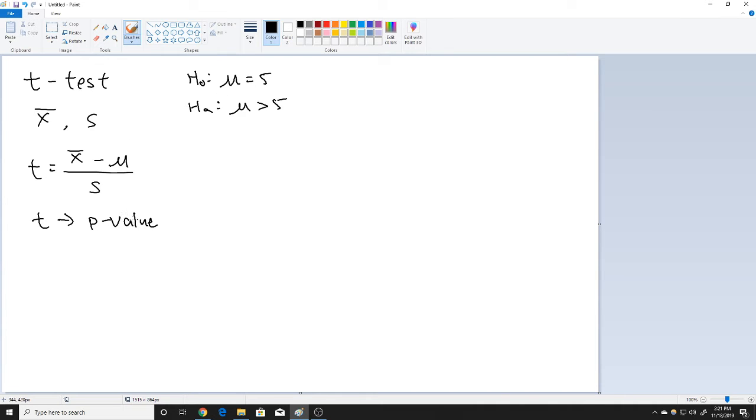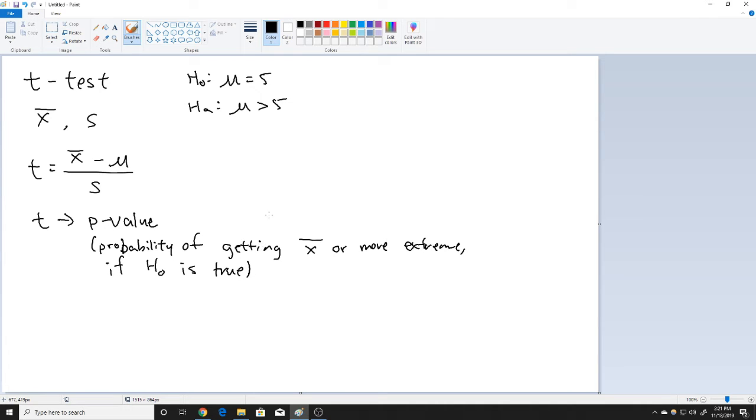And so the idea for the p-value is this is the probability of obtaining a sample x bar, of getting something that's basically at this level of value for the sample mean or more extreme, if the null hypothesis is true.